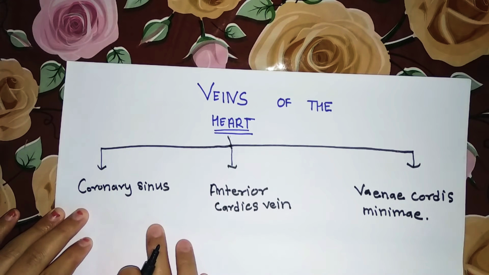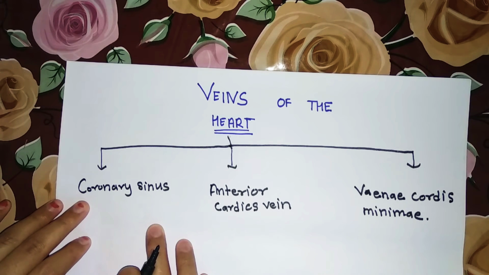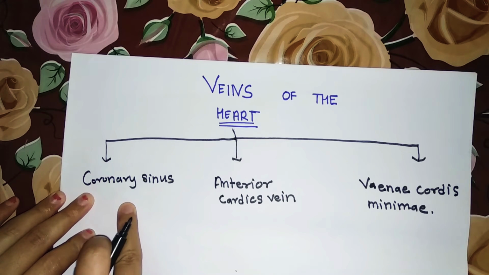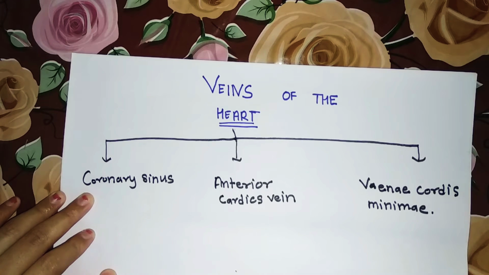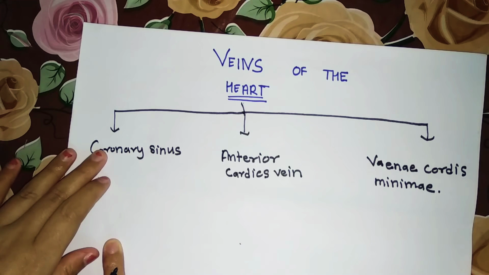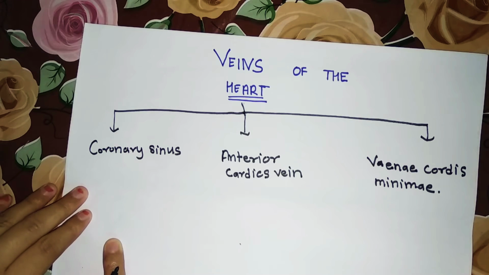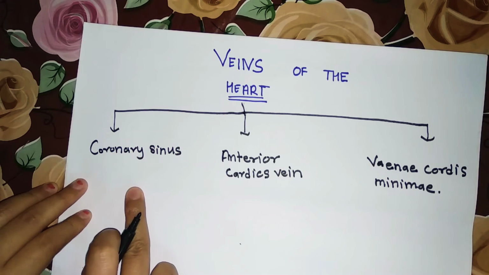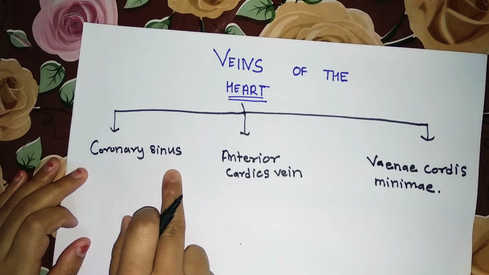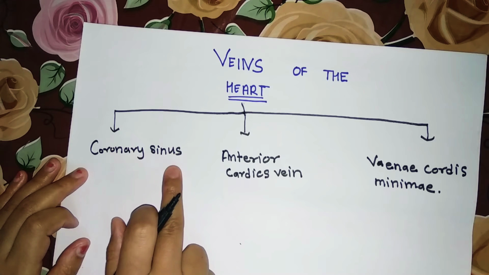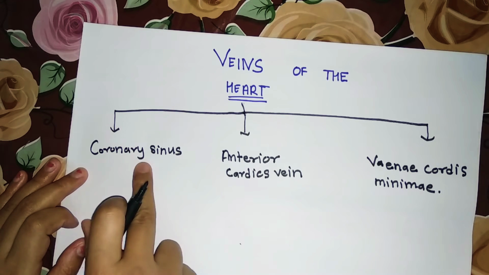The coronary sinus is the largest vein of the heart, and it has seven tributaries. I have made it very simple with a mnemonic, which we'll see afterwards. It is situated on the left posterior side, in the coronary sulcus.